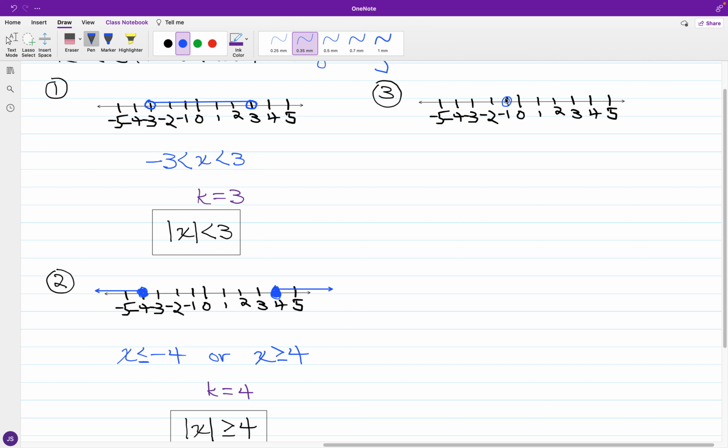So I have a closed point on 1 and a closed point on 5.